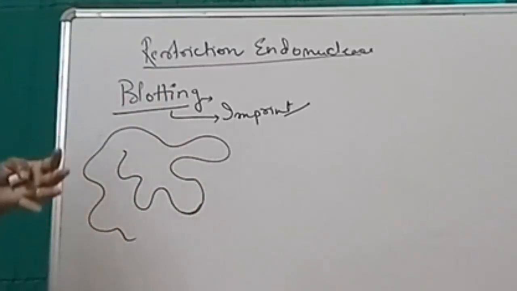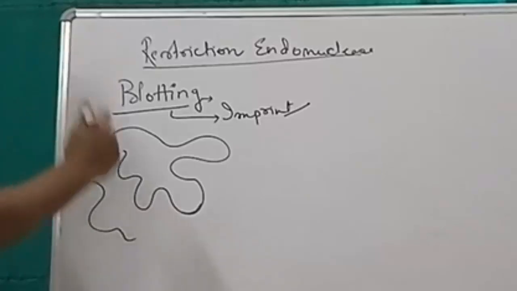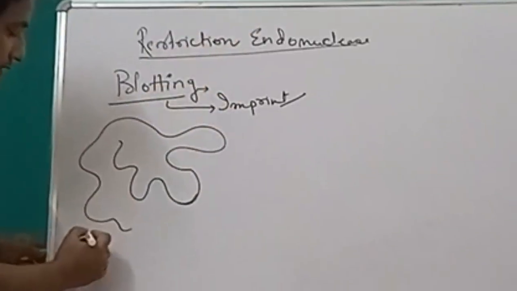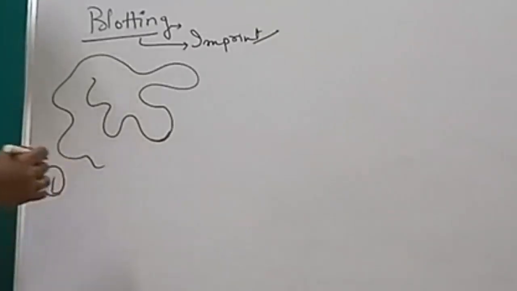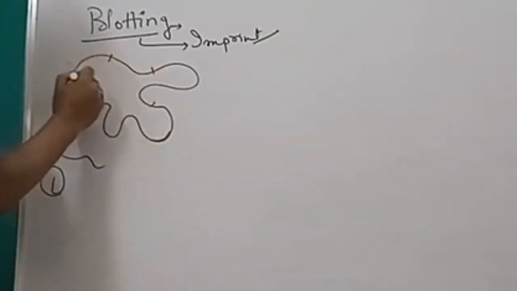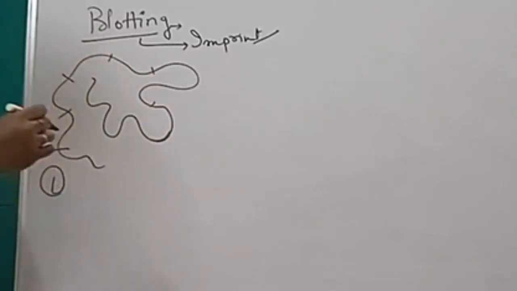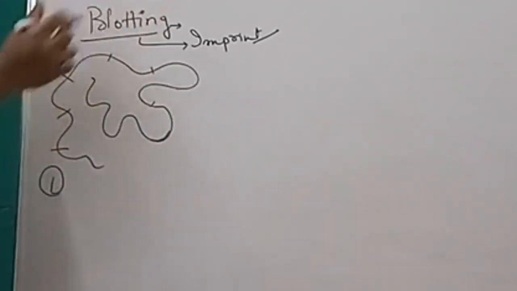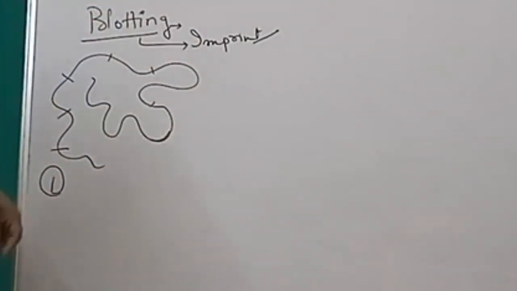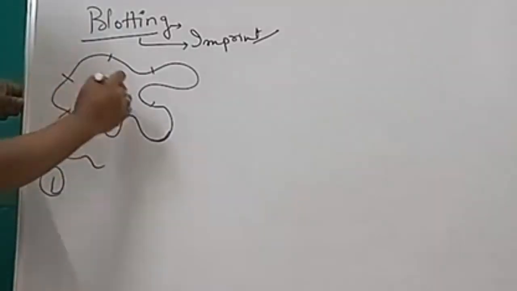So what you are going to do, first of all, keeping in mind the restriction endonuclease, it has given us the opportunity to cut this particular DNA at various restriction sites, right? We are employing restriction endonuclease. There are various ones, and I am not going into details of restriction endonuclease as it has been done previously. So this restriction endonuclease is going to cut your DNA, right?